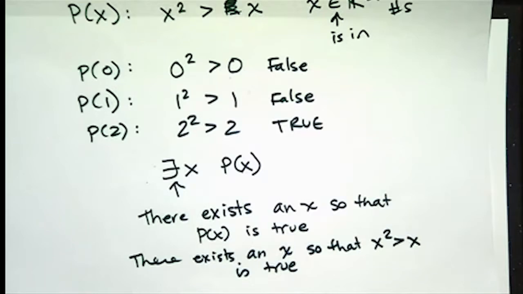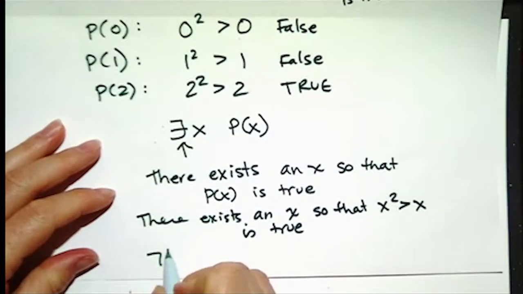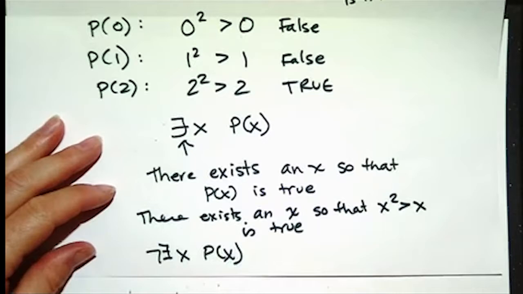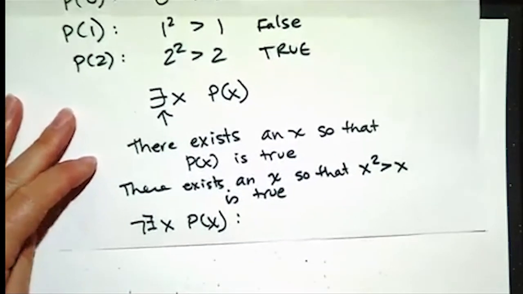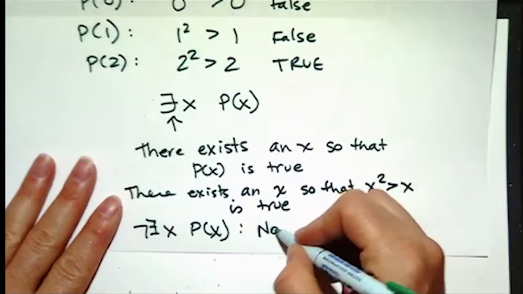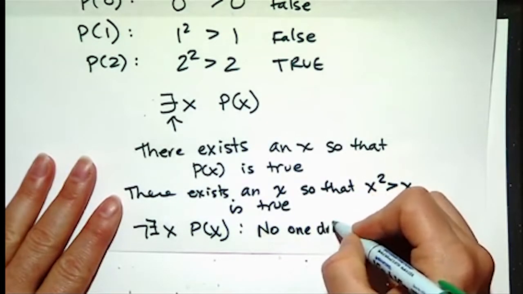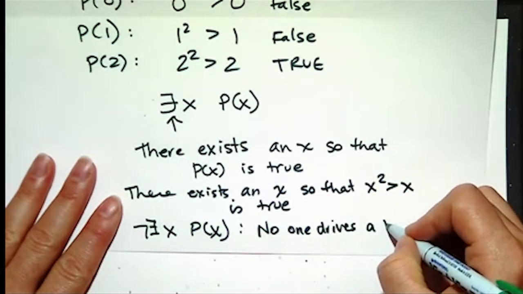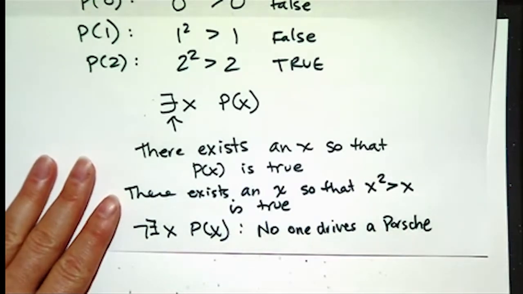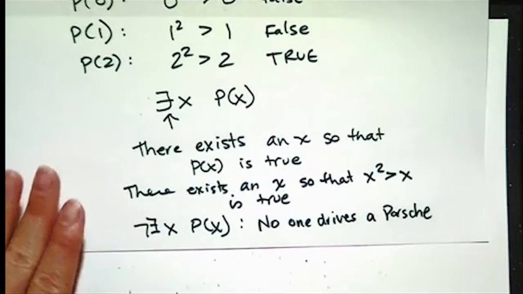Before or after the quantifier? Great. It comes before. Okay, so this is, for our previous statement, that is, no one drives a Porsche. For our prior value, of P of X. So I'm glad you guys figured that out.